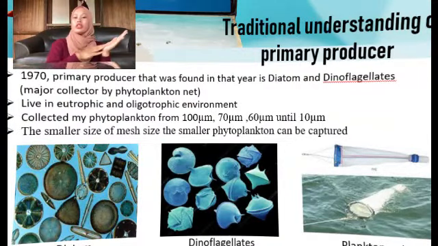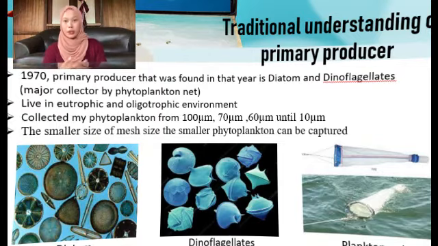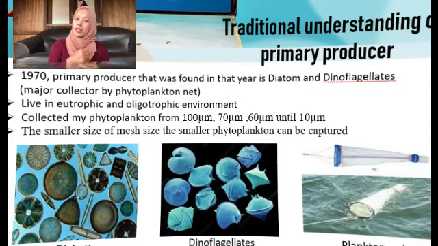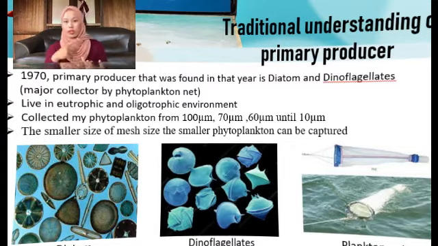Now we are at the traditional understanding of the primary producers. As I said just now, in 1970 the primary producers found were diatoms and dinoflagellates, because these two plankton are mainly collected by a plankton net. These two can be found in eutrophic and oligotrophic regions.